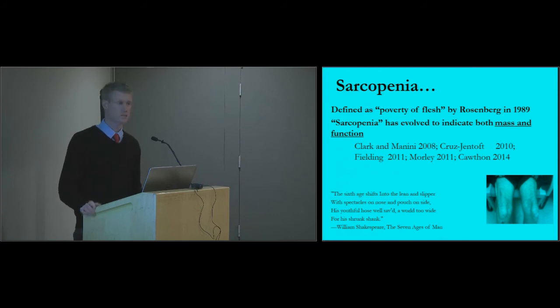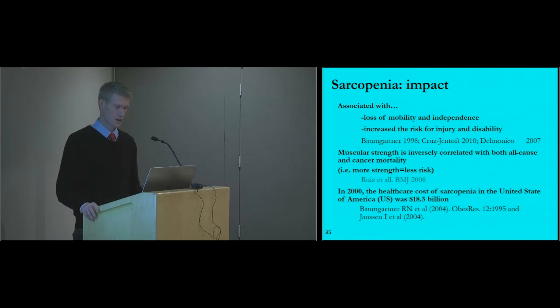The amount of explanation that mass provides for outcomes and functionality is not very good compared to muscle strength. So basically, muscle mass doesn't always equal strength. Sarcopenia has a dramatic impact on individuals, with a large increase in impairment and loss of mobility, but it is also associated with all-cause mortality as well as cancer mortality. And the cost to the U.S. is significant.